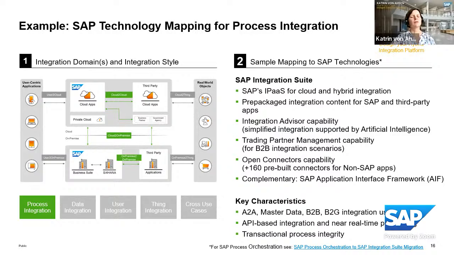The key characteristics for choosing this technology are, for instance, the support of the specific integration use case patterns and also an API-based integration approach and near real-time processing of a business document based on messages, ensuring also transactional process integrity.